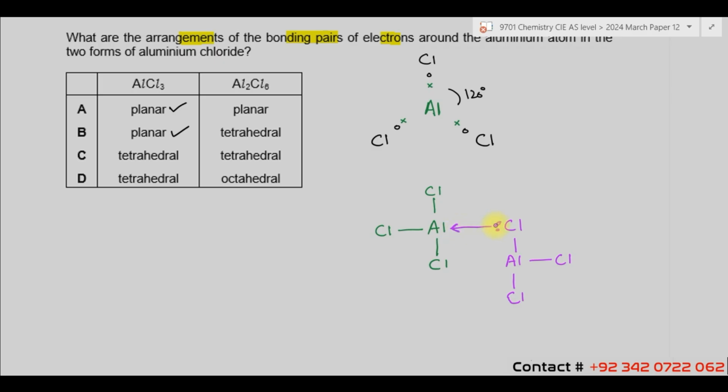A coordinate covalent bond is formed. Similarly, this chlorine makes a coordinate covalent bond with that aluminum. So now the octet is complete. If we look at this one, we can see there are 4 bond pairs around the central element. When we have 4, it is a tetrahedral structure, and bond angle should be 109.5. Correct answer is B.